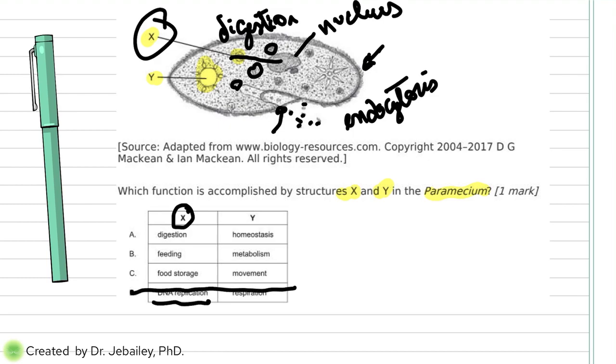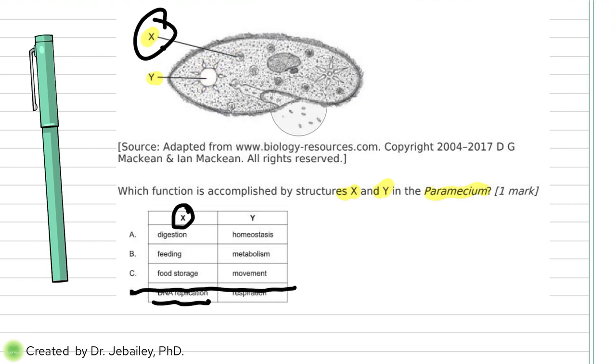The next one, let's see, food storage. C is food storage for X and movement for Y. I'm going to erase this to be a little bit clearer so you can see what I'm talking about. So we can say X is food storage, and you'll be like, oh, maybe it is food storage because food is coming in and becomes storage.